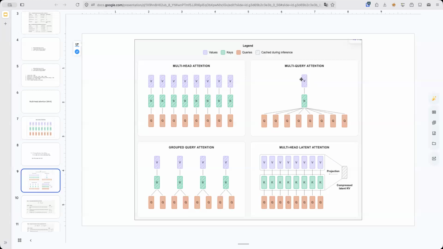But then in multi-query attention, we naively use the same KV matrix across all of the queries. But what if we use these KV matrices not directly? What if we use them to create low dimensional projections of the hidden state, right?